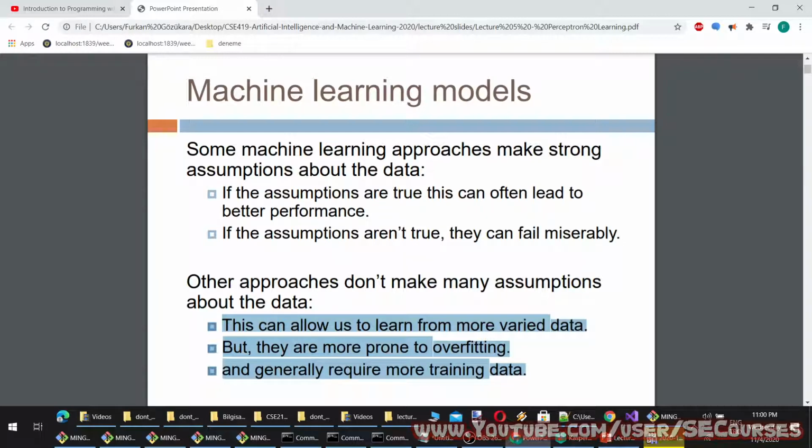However, let's think of a good example where we can't make strong assumptions about the data. Let's say you are going to separate clouds from other objects, and you know that clouds can have very different types of shapes. Therefore, you can't make a strong assumption about clouds.